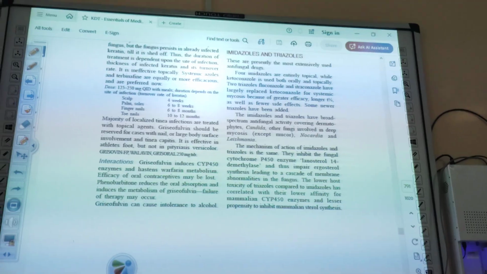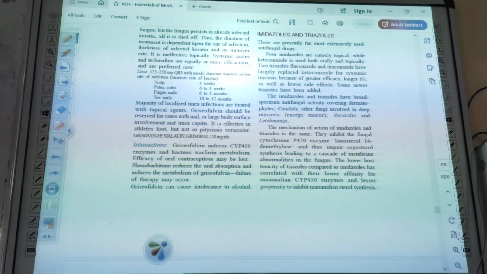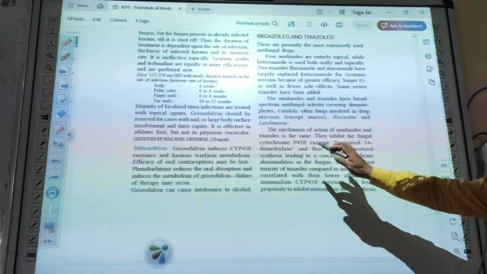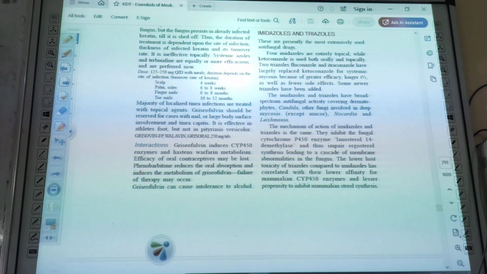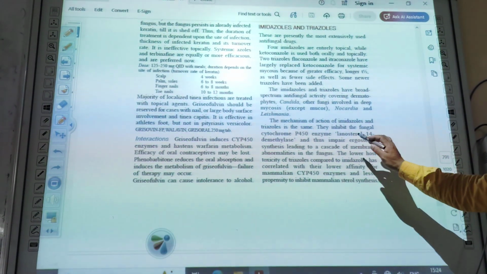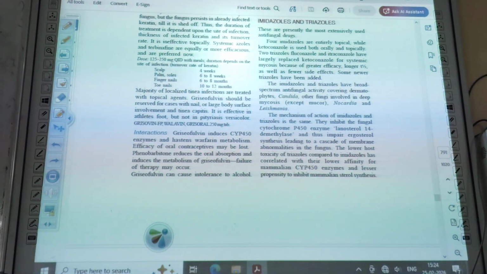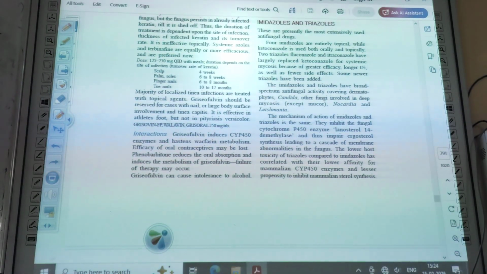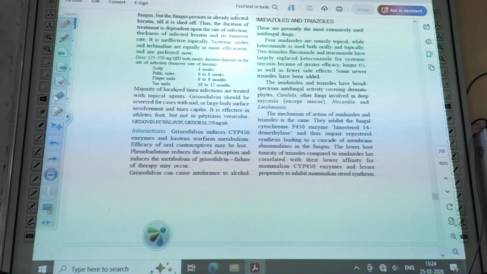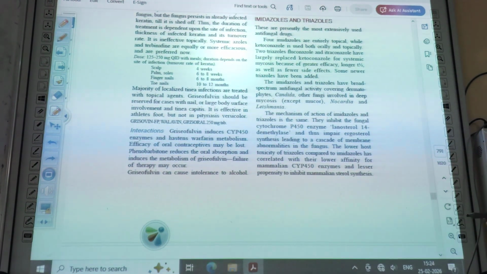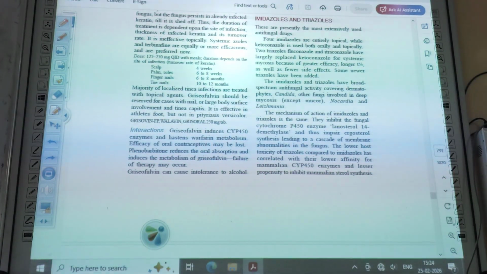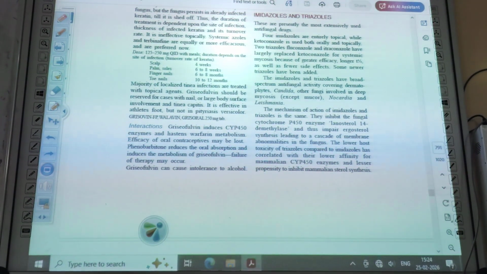Lanosterol 14 demethylase is known as the fungal cytochrome P450 enzyme. You have to write this name.